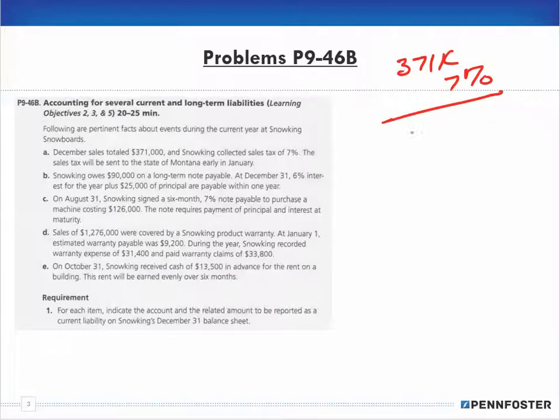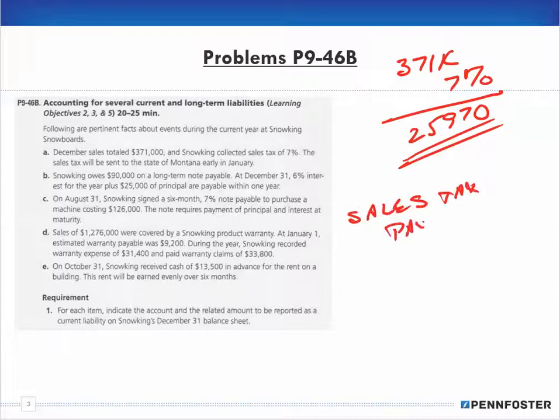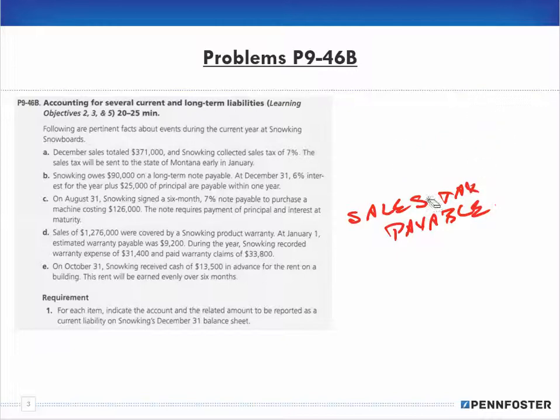That gives us $25,970. That's how much tax is owed, and that's for December sales. So that's 1 month, so that's it. It will end up as a sales tax payable. You should already know this from chapters 1, 2, and 3.